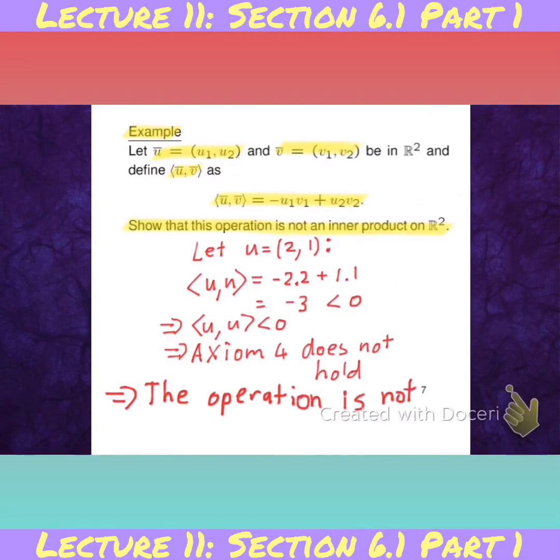It's not an inner product. Right. Okay. So if you need to go and prove that one of the axioms fails, obviously, if you want to show that a given operation is not an inner product.